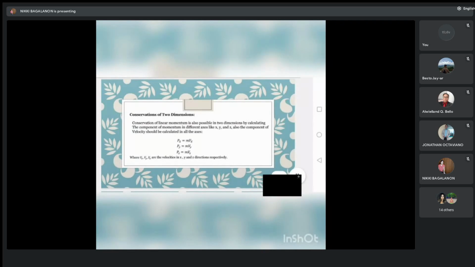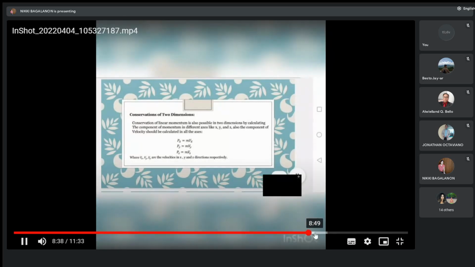Conservation of momentum in two dimensions. Conservation of momentum in all closed systems is valid, regardless of the directions of the objects before and after they collide. Most objects are not confined to a single line, like trains on rails. Rather, many objects, like billiard balls or cars, can move in two dimensions. Conservation of momentum for these objects can also be calculated.